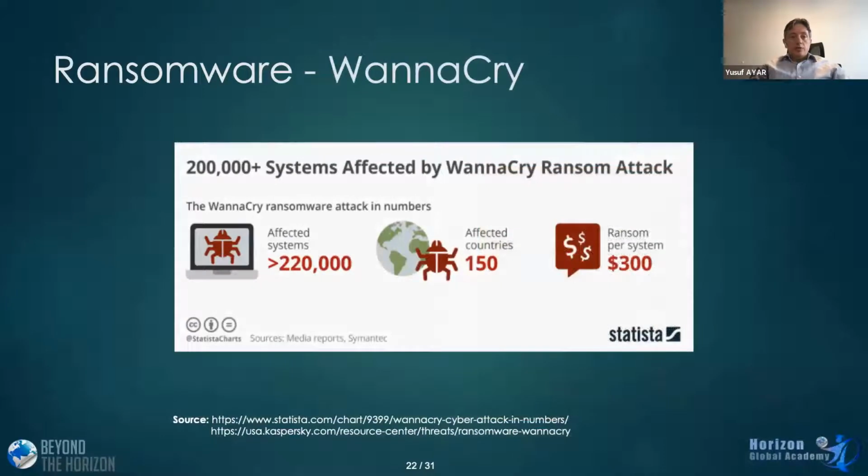WannaCry ransomware affected over 200,000 systems worldwide across 150 countries. And the attack had a substantial financial impact worldwide. It is estimated that it caused over $4 billion in losses across the globe. It's a huge number.